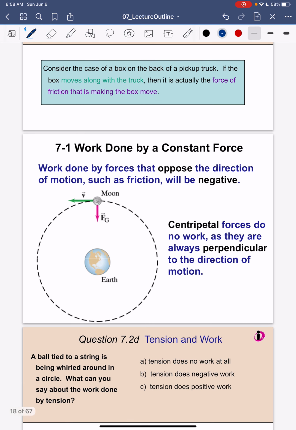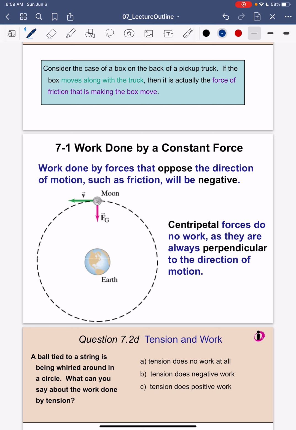One of the very interesting situations is when I have, let's say, a satellite in its orbit, or anything that is doing centripetal motion. Work done by forces that oppose the direction of motion, such as friction, will be negative, and the centripetal forces will do no work because they are always perpendicular to the motion.